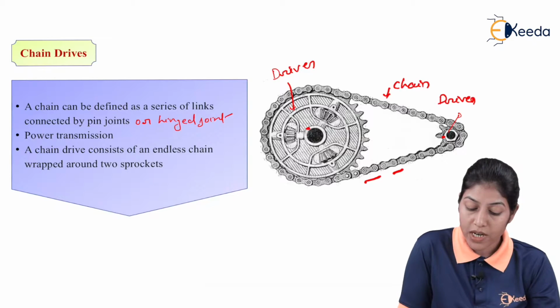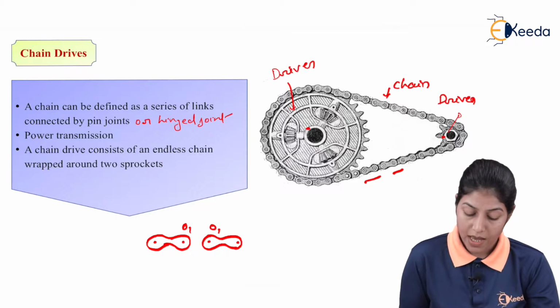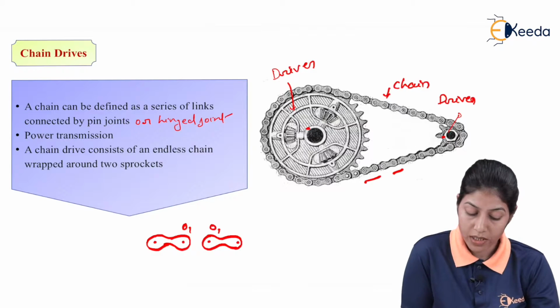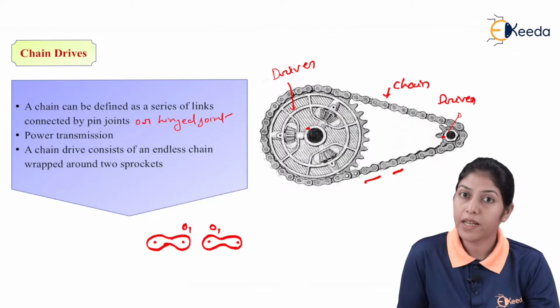So when two links are connected with pin joints or hinge joints, this is representing a pair.